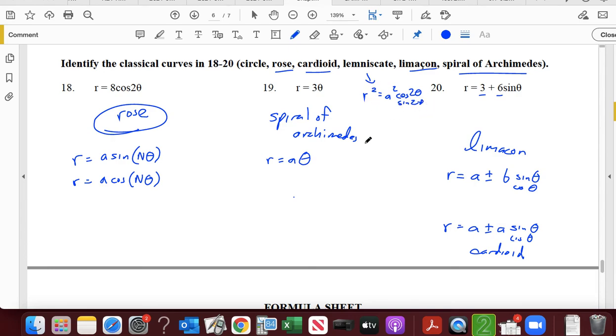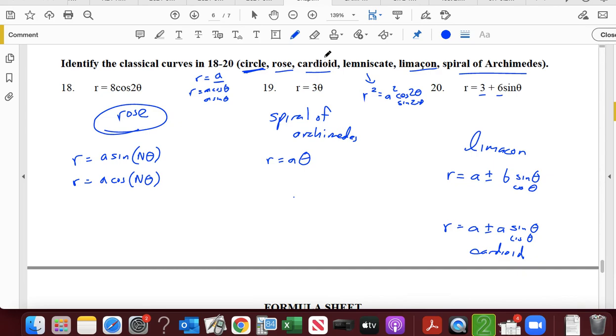So that's the one that's squared. And then our circle is the one where it's just r equals a constant, or r equals some constant sine theta, so either a cosine theta or a sine theta.